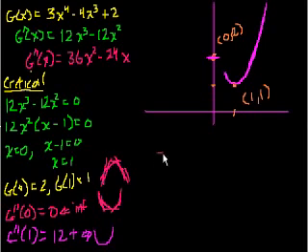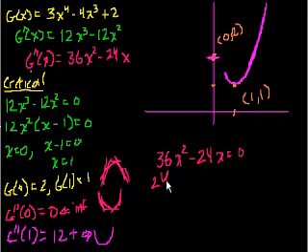So if we have 36x squared minus 24x is equal to 0, let's take out a 24x. That's 24x times, what's 36 divided by 24? That's 3 halves, right? 3 halves x minus 1 is equal to 0.